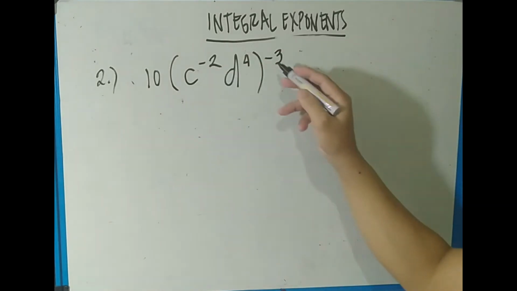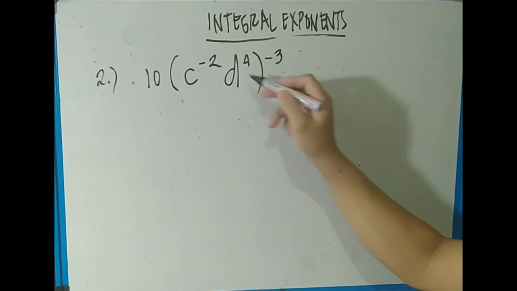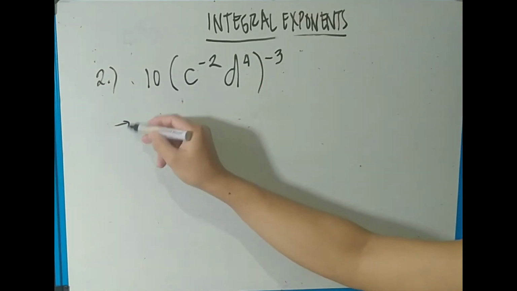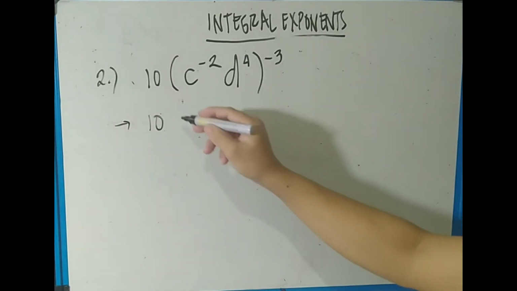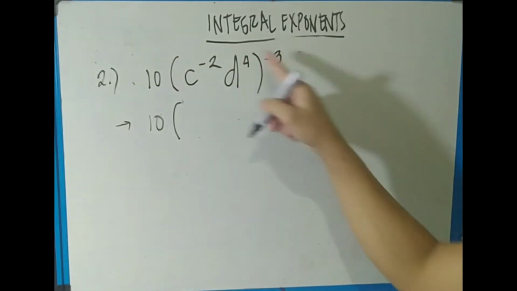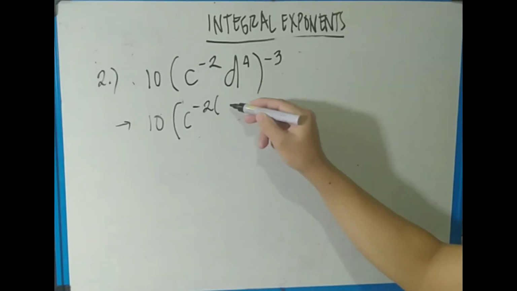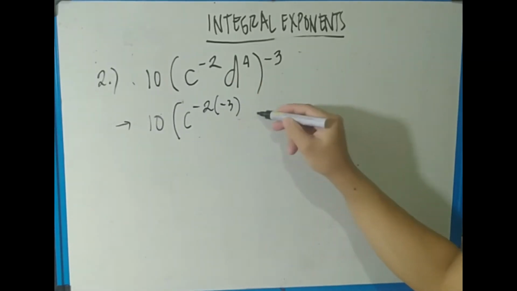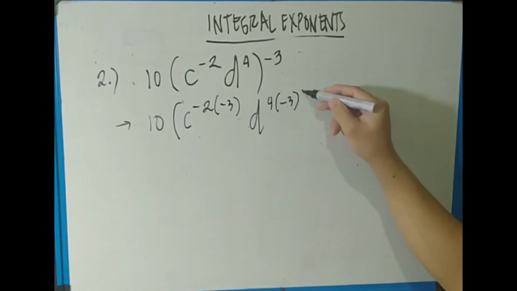So, distribute lang natin yung exponent, but this time, dito lang po siya sa loob ng parenthesis. So, yung 10 dito will remains the same. So 10 pa rin siya. So now, let's distribute the exponent one by one. We have C, we have negative 2 times negative 3, then D raised to 4 times negative 3.